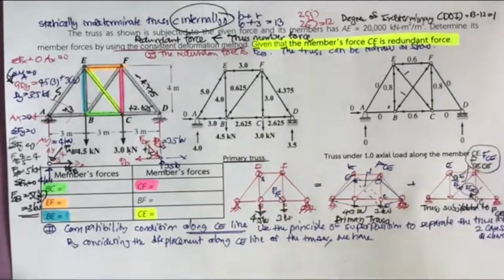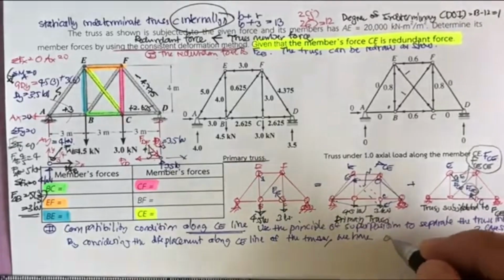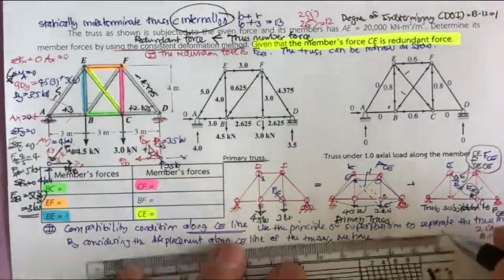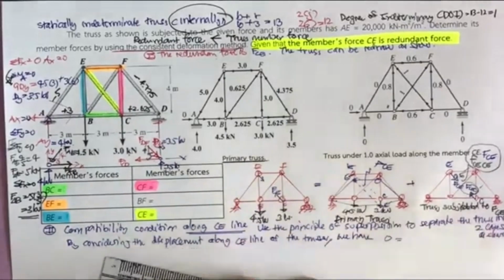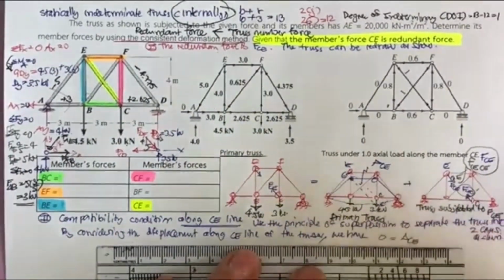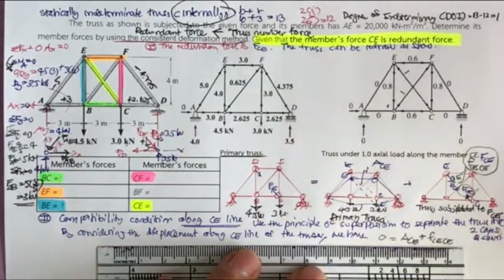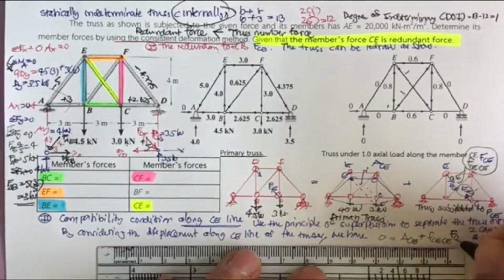Now, what we have is 0, equal to this one, delta sub CE, plus this one, f sub CE,CE times the redundant force.